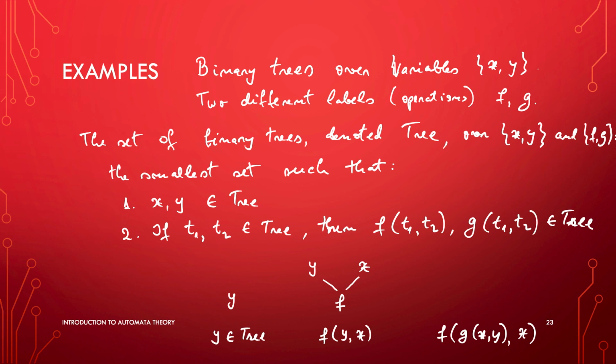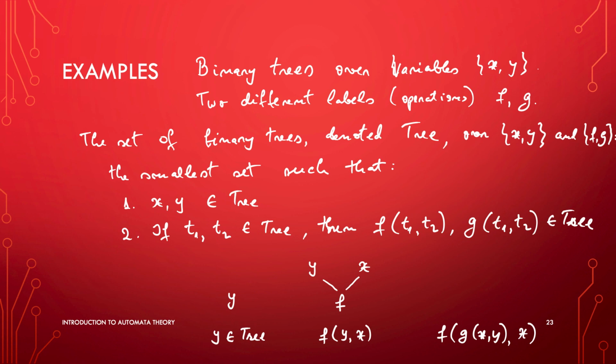And what this is supposed to show you is that you have a tree that has two layers. One layer is the layer of this operator f, and on the second layer you have these variables y and x. I'm going to come back in the next lecture to this example, and I'm going to define the height of trees, and then we are going to discuss a little bit more about the depth or the height of these trees. But for now, just intuitively here.